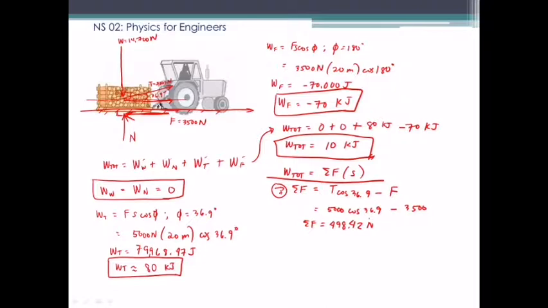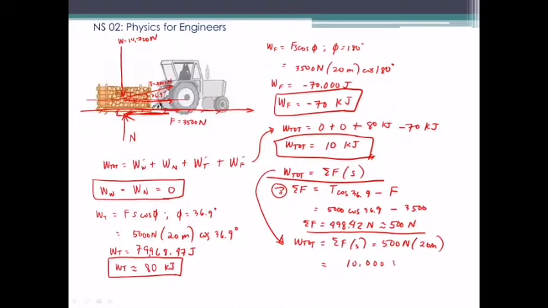If we round off, we will round this off to 500 newtons. To get the total work using this alternative solution, we have the summation of F times S, which is 500 newtons times the displacement of 20 meters, so that is 10,000 newton meters, 10,000 joules, or 10 kilojoules.